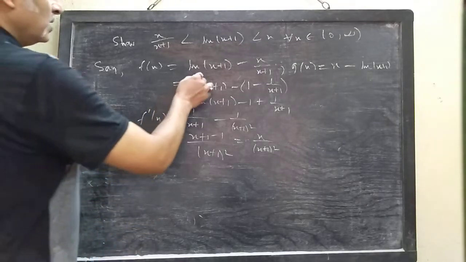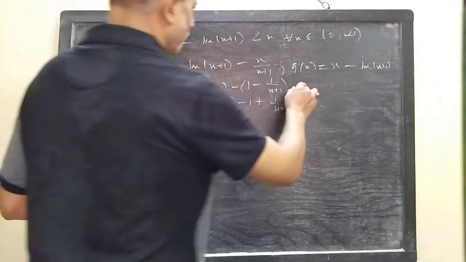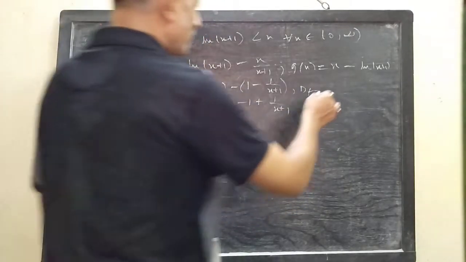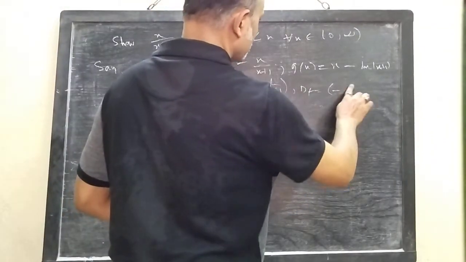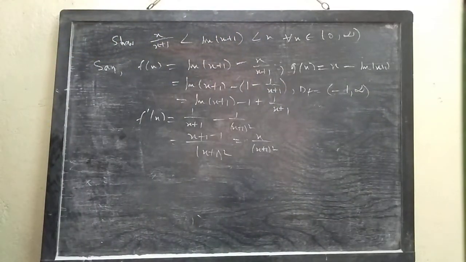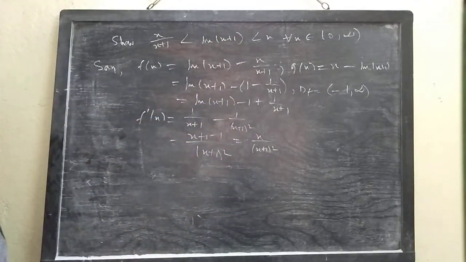Look here, Df, the domain of definition for the function f. What is Df? Df is minus 1 to infinity, and in this interval the function is continuous.